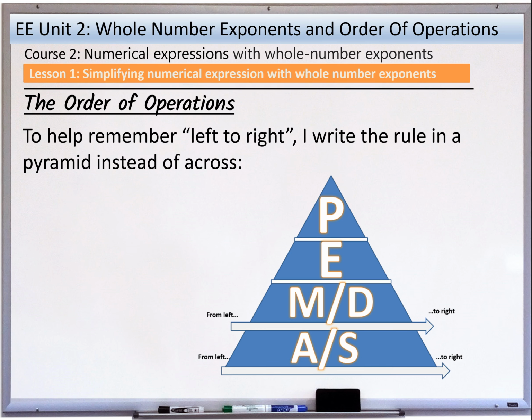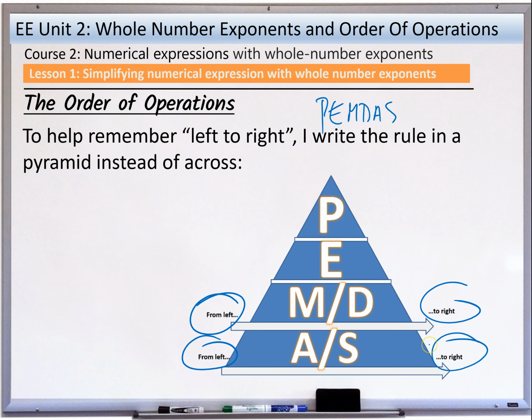Okay. Rather than write PEMDAS like this, I prefer to use a pyramid because it helps me, and helps most students, remember they have to evaluate multiplication and division, addition and subtraction, whichever comes first from left to right. So again, your order is first, second, third, fourth.